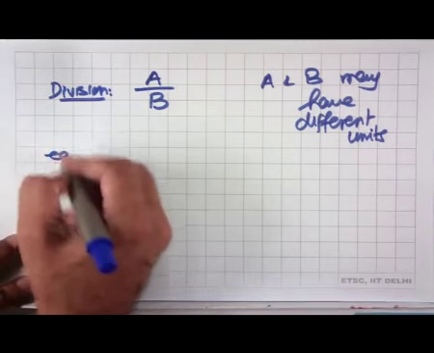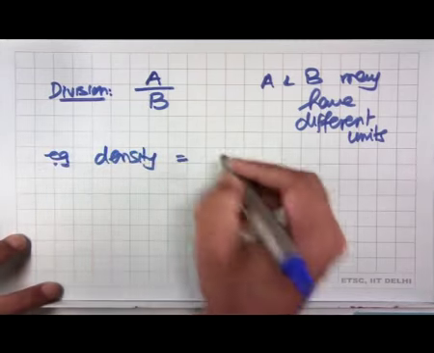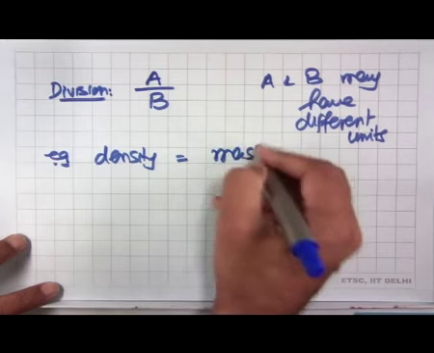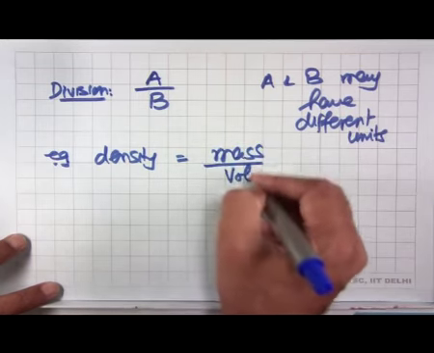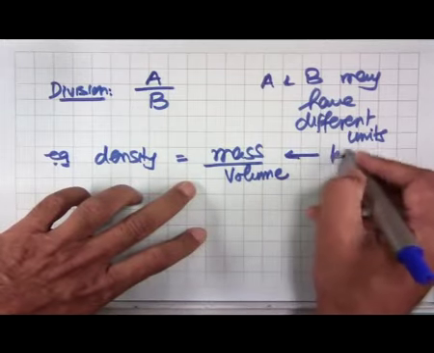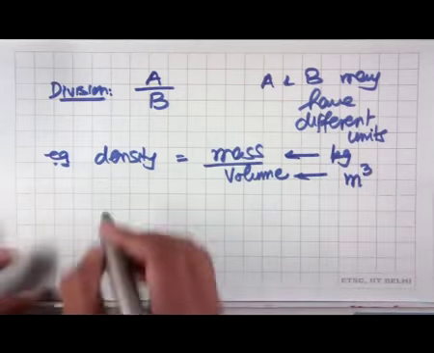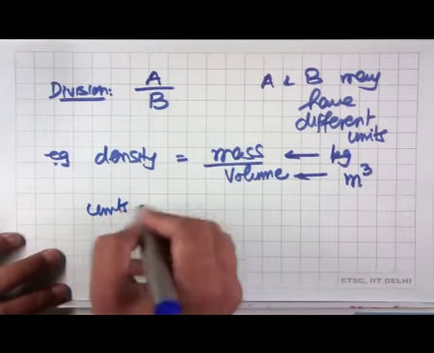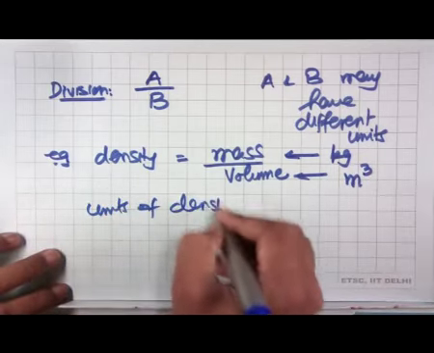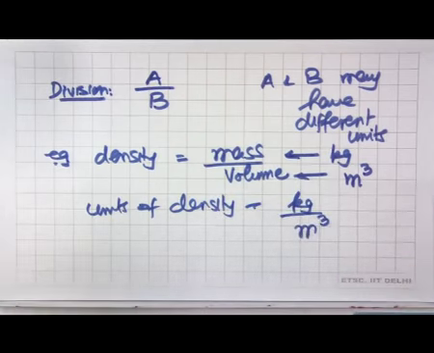And for example, let us look at the density. Density is equal to mass divided by the volume. So, now if the units of mass are in kilograms and if the units of volume are in meter cube, then the units of density would be in kilograms per meter cube.